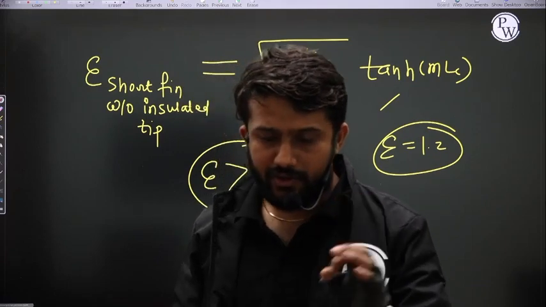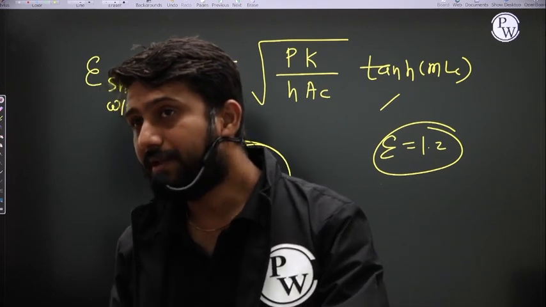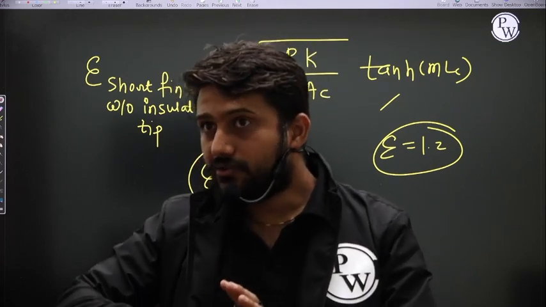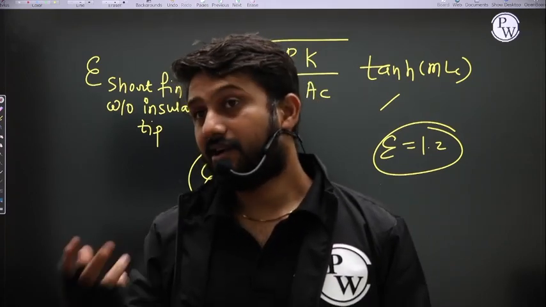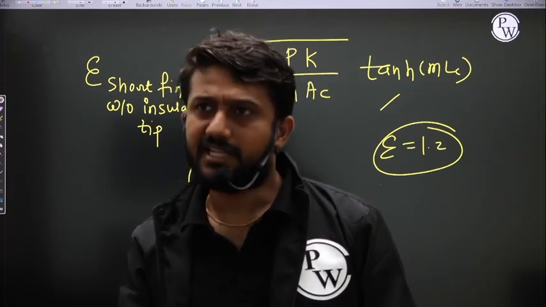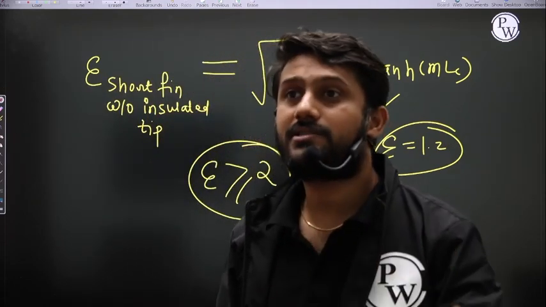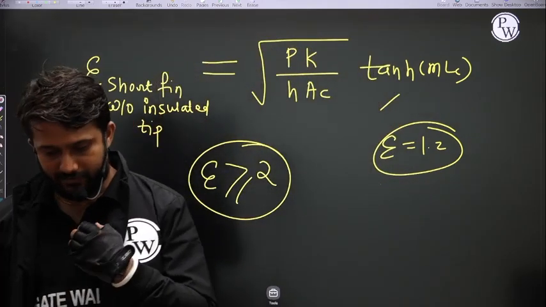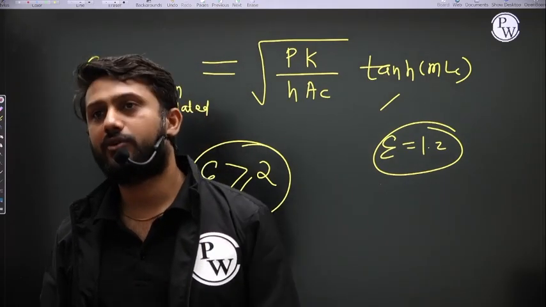So the heat transfer does not increase much, but when you apply the fins, the cost of the fin is high. So that is not justified. The rate of heat transfer increases a little bit, but you are increasing the cost. Is that fine? So the use of fins is only justified when the effectiveness is greater than or equal to 2, right?